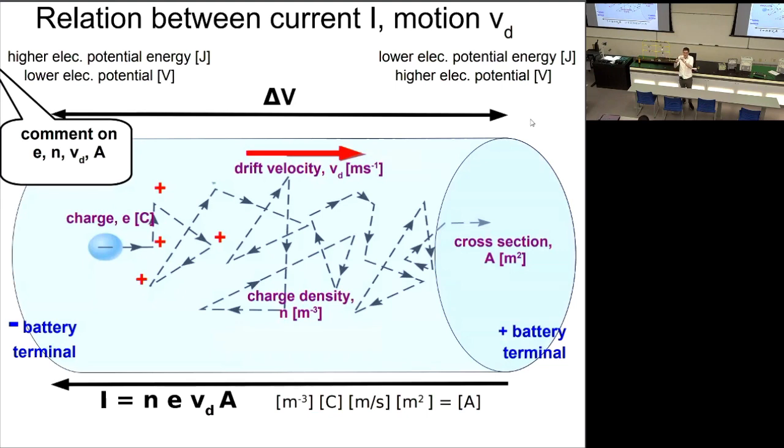If you had a very thin, slender wire, less current could pass through. There's more room in the big wire, less room in the thin wire, and that's reflected in the equation here. So this is the master equation for connecting the concept of electrical current being the flow of charge to the understanding that that flow of charge is due to individual electrons drifting from left to right.